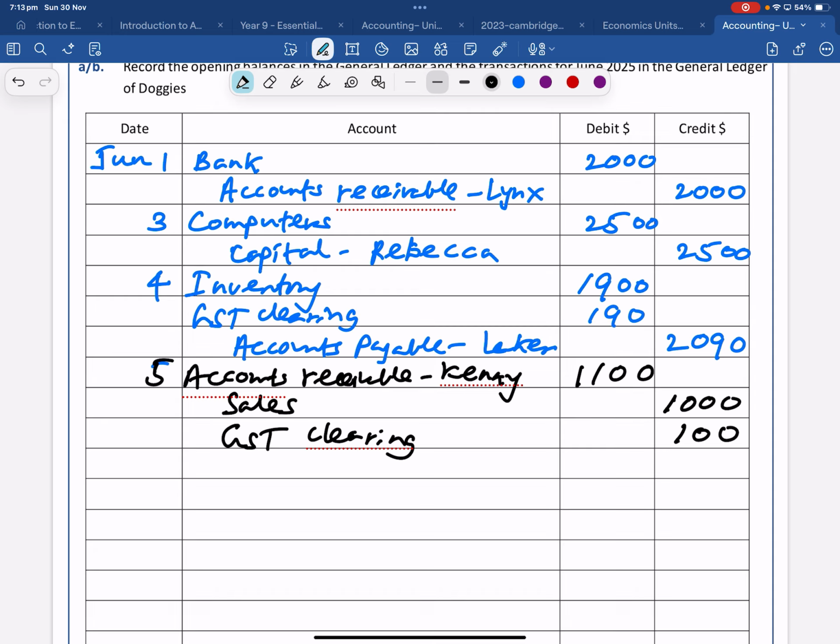Inventory debit or credit? You sure? Inventory is credit. Inventory is decreasing. Cost of sales, an expense, increases 600. Inventory decreases 600.